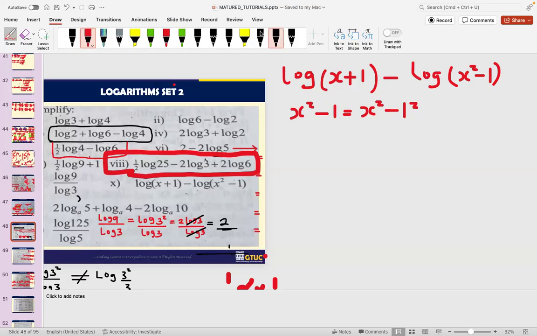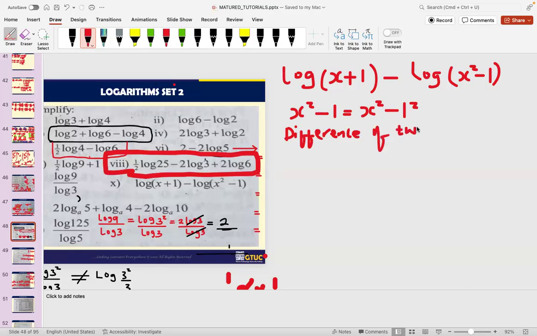Right. And I'm sure those of you who remember the lower levels were taught something about the difference of two squares.